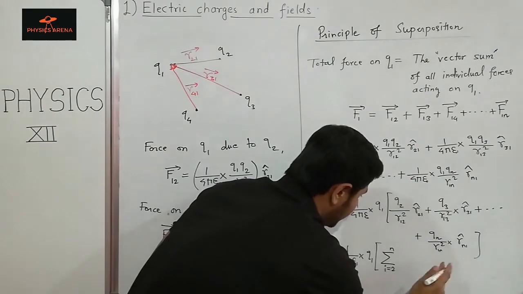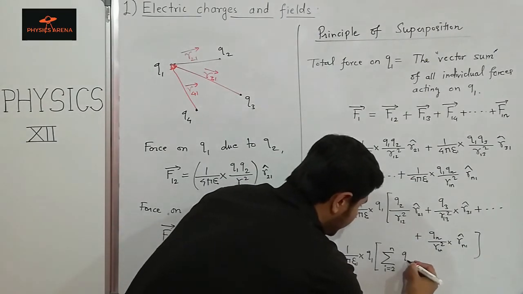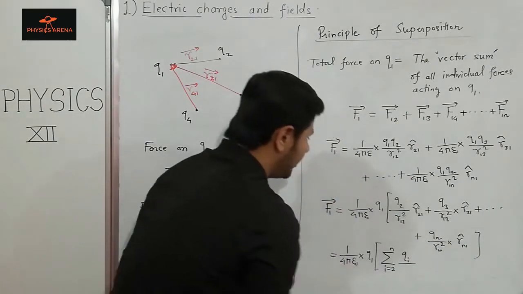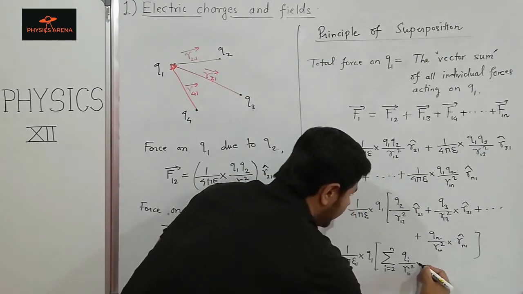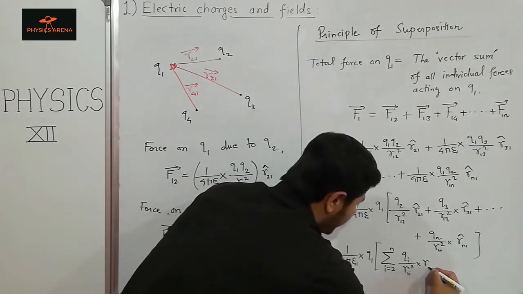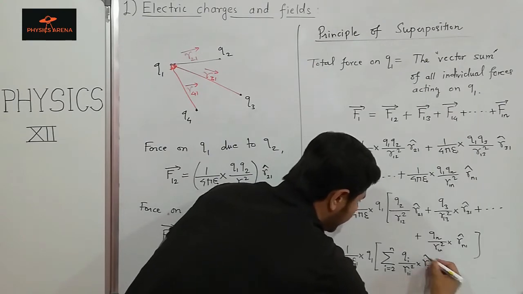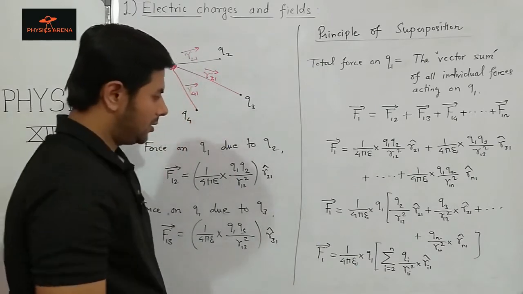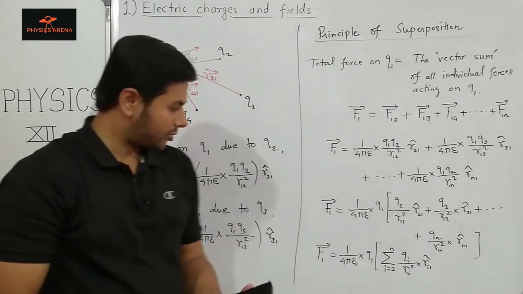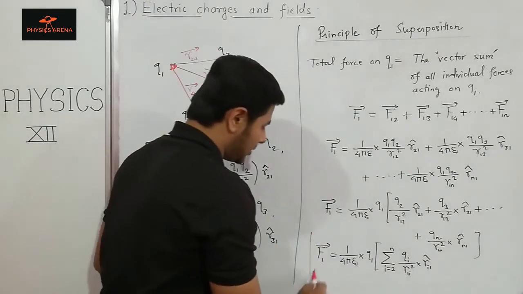So this is equal to qi divided by r1i squared multiplied by ri1 cap. So this is the force on 1 due to all the other charges.